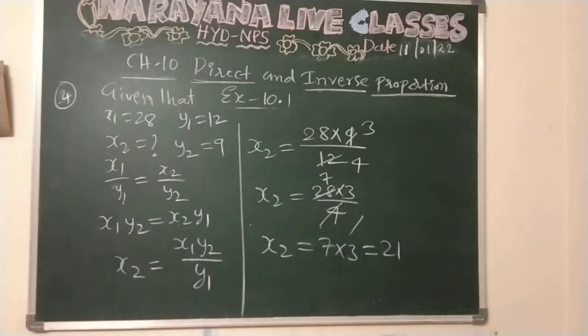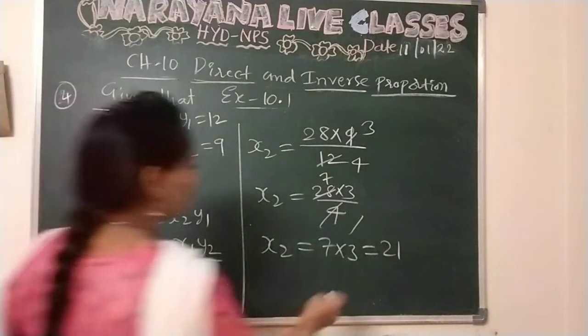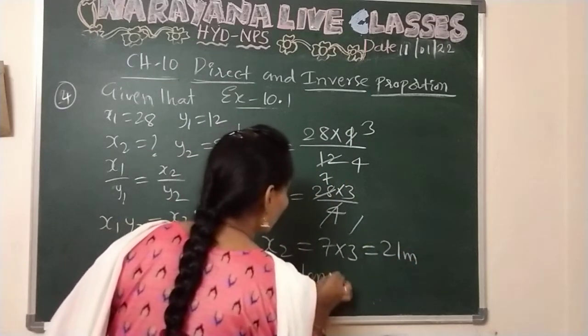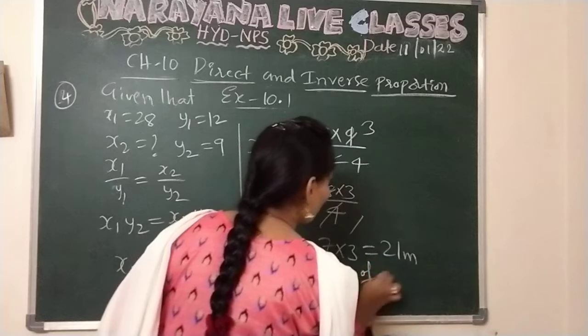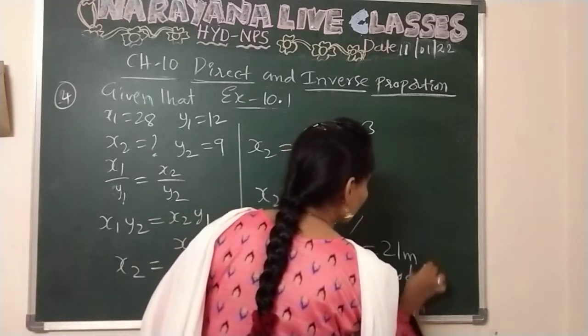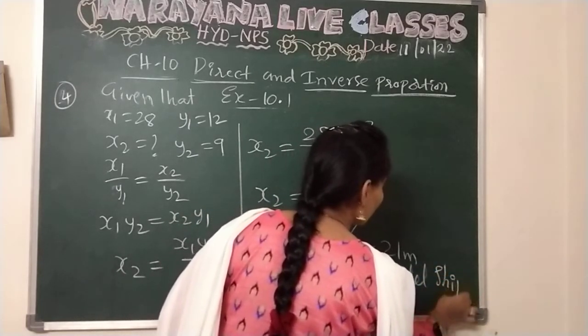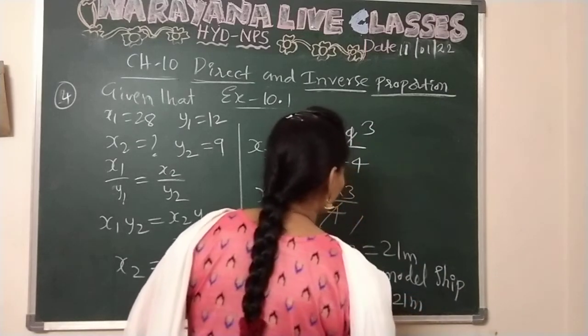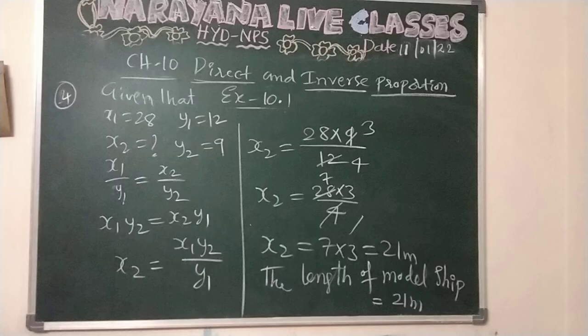The conclusion is the length of the model ship is 21 meters. Therefore, the length of the model ship is 21 meters. Now we should take the screenshot.